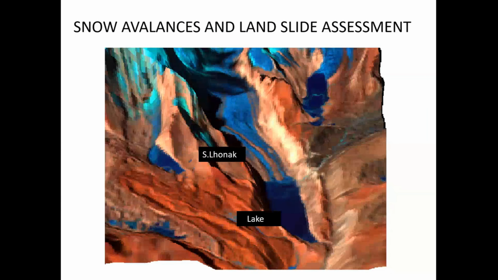In order to do that, you can do it in 3D. People have gone into the field, and you can see here this is South Lhonak Lake, this is a moraine ridge, and this is the main glacier. This is the main bedrock ridge. You can see there is a gap between them.